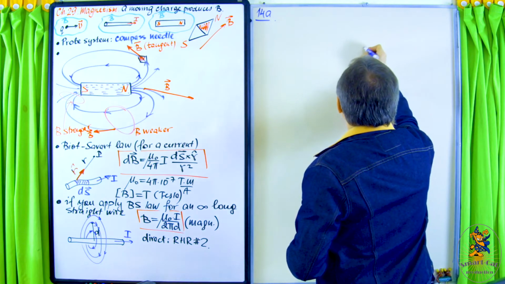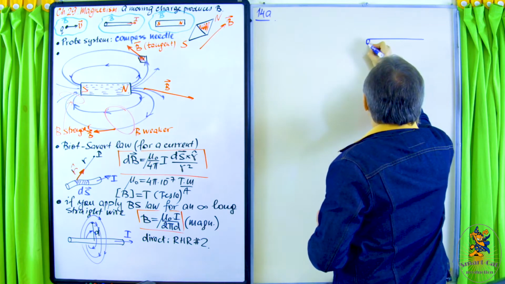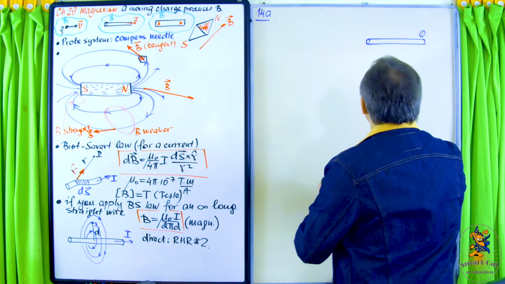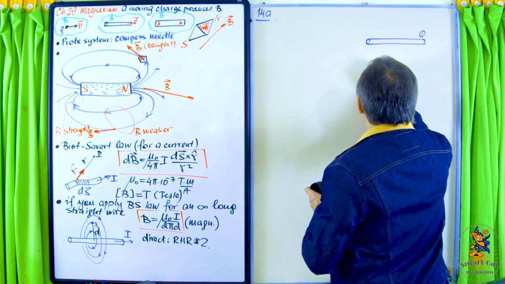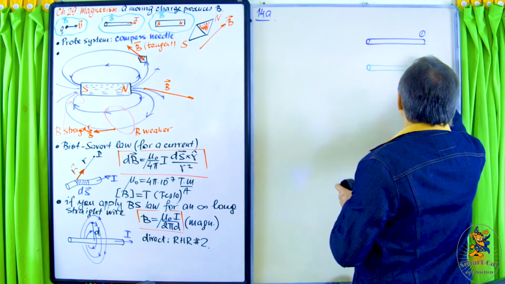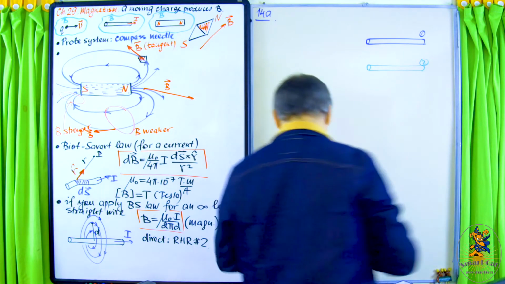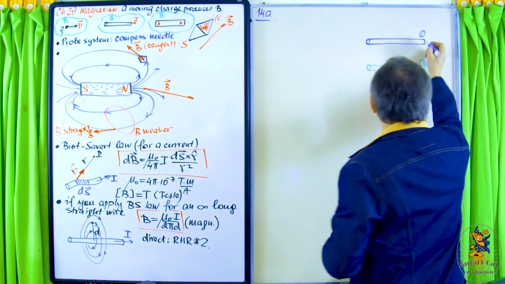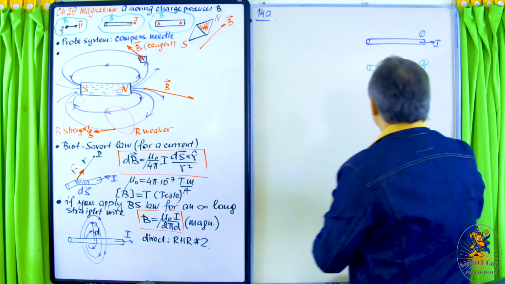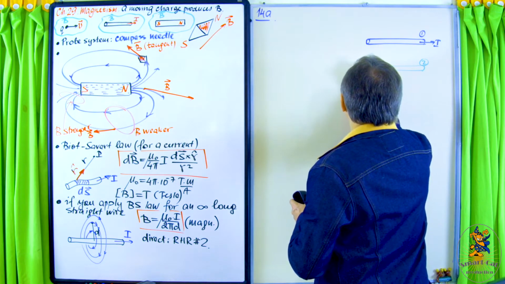I'll probably draw it here. Let's say we have wire number 1, let's say blue, and green will be below, wire number 2. The blue one has current I going this way, and the green one flows in the opposite direction.